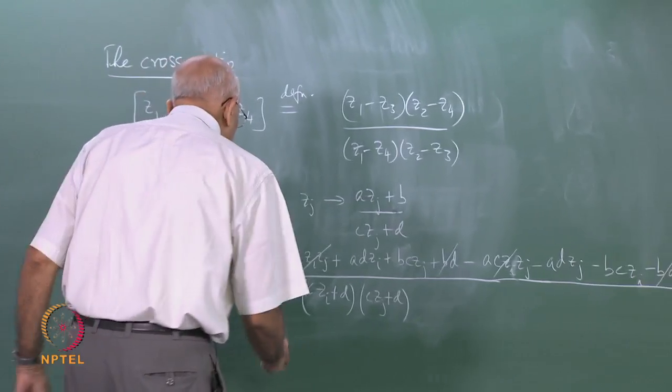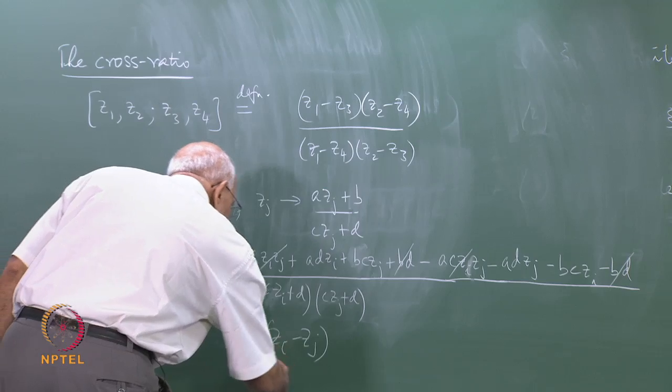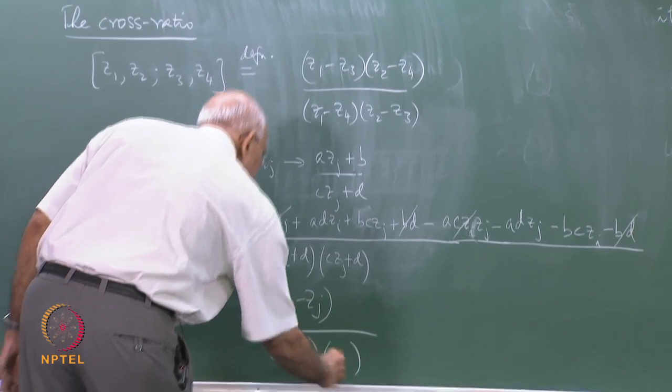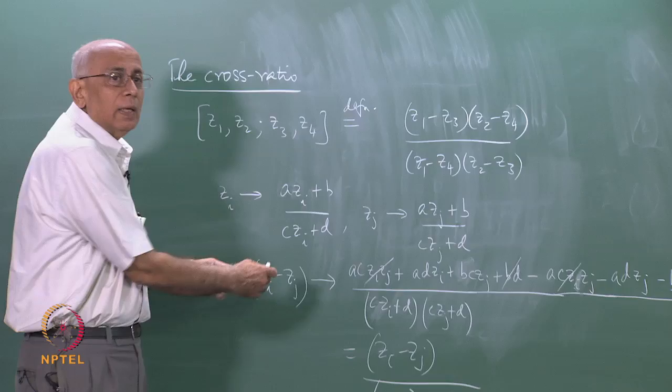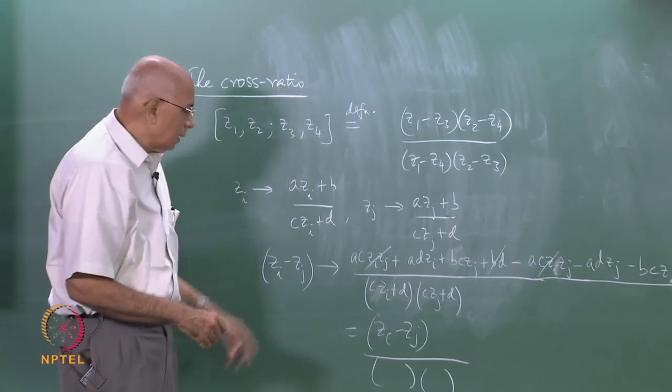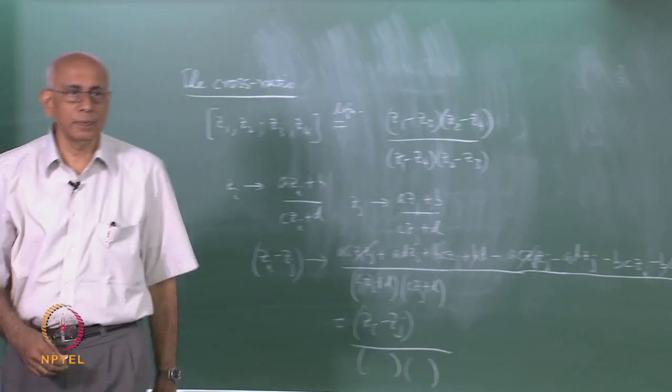So this immediately tells you the magic trick. This is just Zi minus Zj divided by this denominator out here. And now it is easy to see that if I take i, j, k, l, 4 points, then the cross ratio will be unchanged because these denominators will cancel.